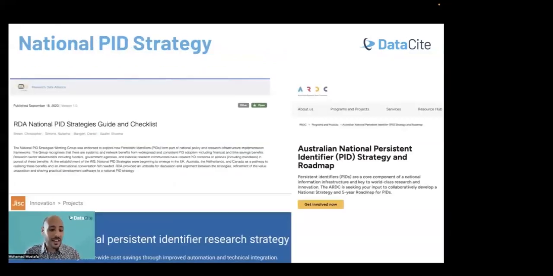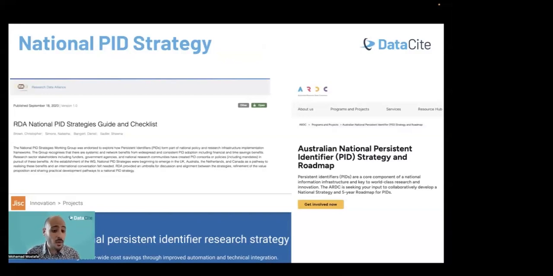What we have seen right now is that some countries have also started to build or develop their national PID strategy. So we have, for example, the Research Data Alliance, which issued strategies and guidelines, a checklist for countries that are willing to build their national PID strategy. We have a fantastic example from the Australian Research Data Commons, who, by the way, is also leading a DataCite consortium in Australia. They are building their national PID strategy.